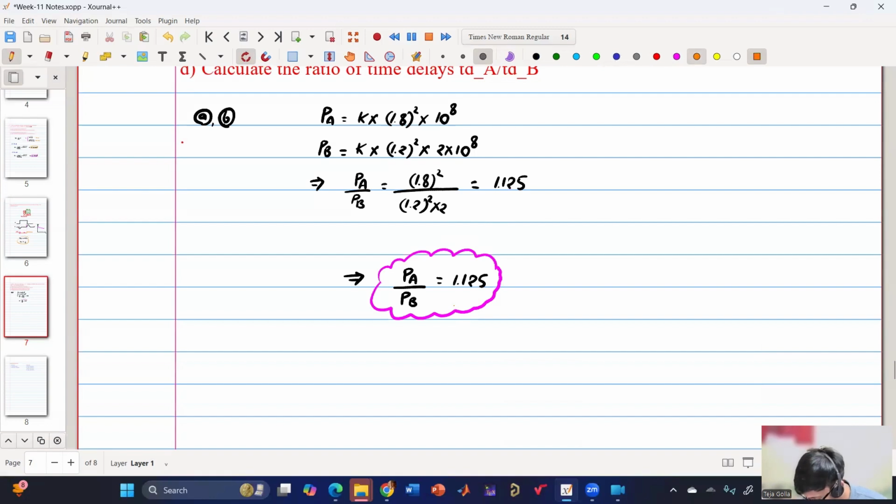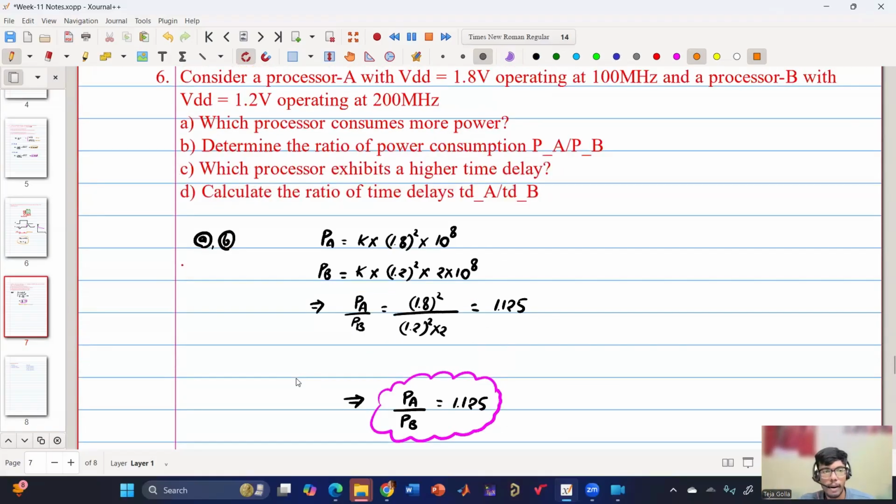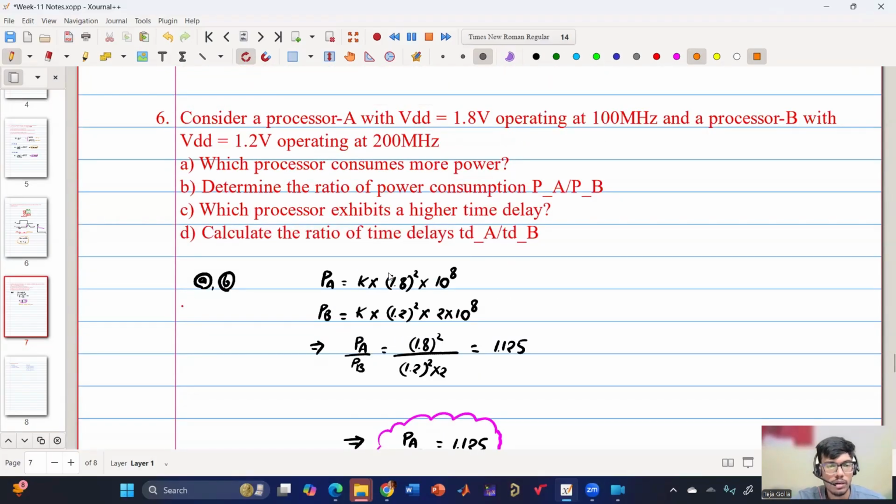So processor A consumes more power. Okay, now part B: which processor exhibits higher time delay?